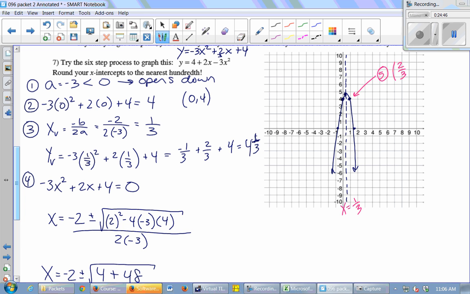So it's going to be at 2/3, comma 4, same height as the y-intercept. Because 1/3 is the actual where the axis is. So to move from the point 0, 4 to the axis would be 1/3, then you have to go another 1/3 to get to the other side. Okay, that's it. Work on some on your own.